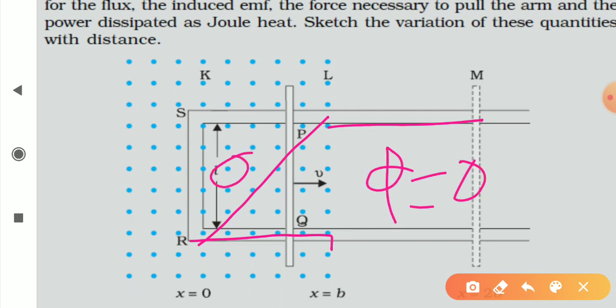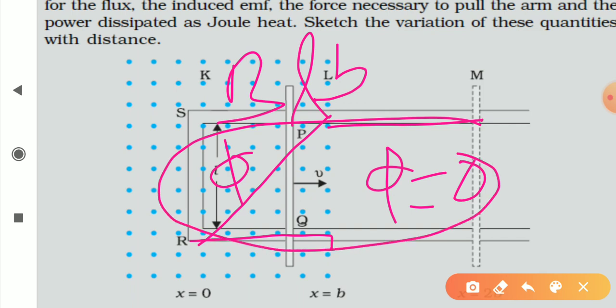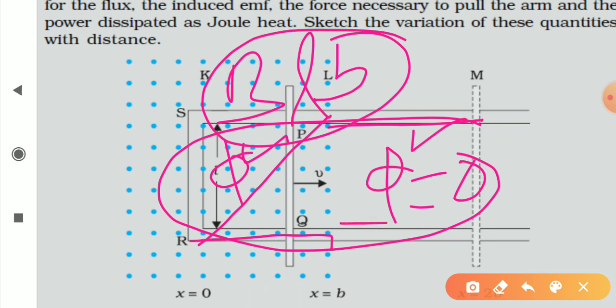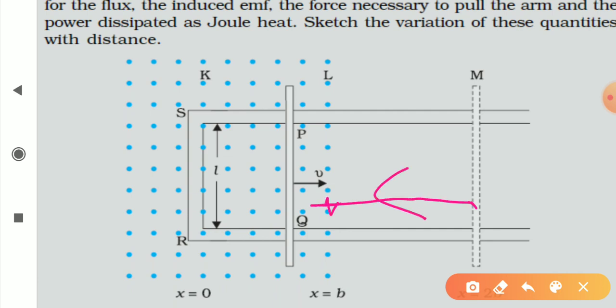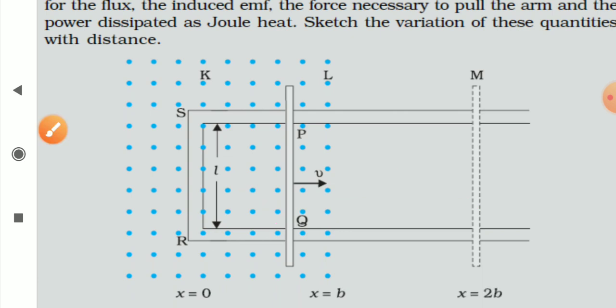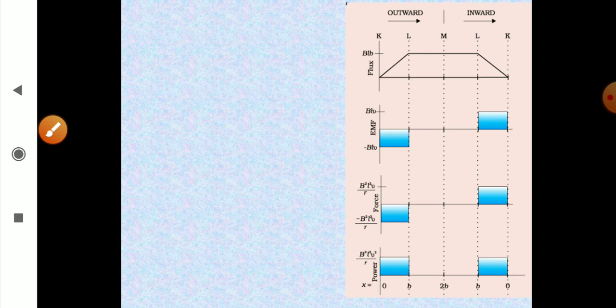For this part, it becomes maximum, that is BLb, and the total flux will be the sum of this flux plus this flux, which will be BLb and constant. So from here to here, the flux will remain constant. And while coming back also, from here till here, the flux will be constant, and from here to here, the flux will reduce linearly.